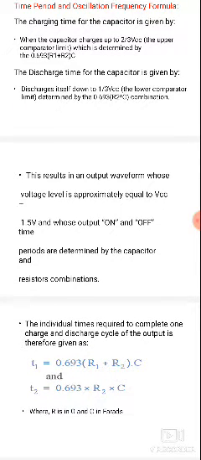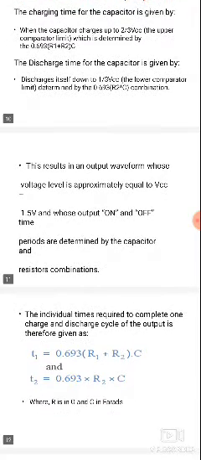Next, the charging time of the capacitor after it reaches 2/3 VCC, the limit of the upper comparator, is determined by the charging ability: 0.693 times (R1 plus R2) times C. R1 plus R2 times C is the charging time constant.